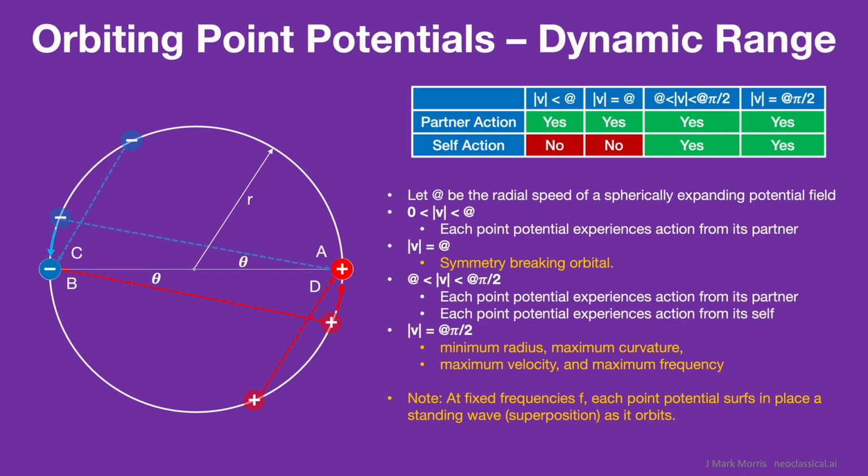One of the interesting properties about these binaries is that there is a maximum curvature. You cannot go beyond a certain minimum radius, maximum frequency, and maximum orbital velocity. And that's due to the geometry of the binary.